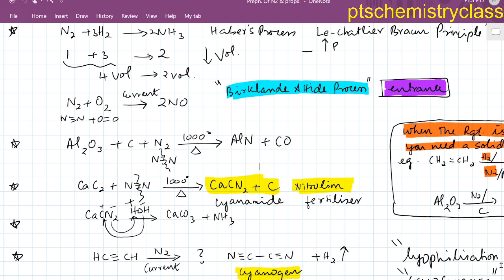So the process of freezing of specimens at sub-zero temperatures using nitrogen is called lyophilization.